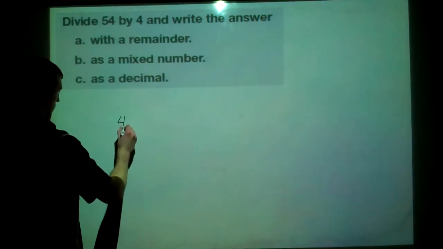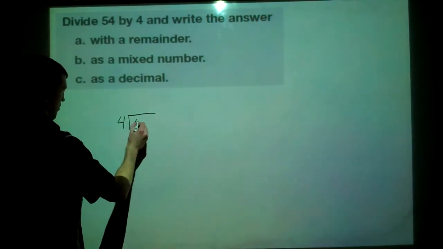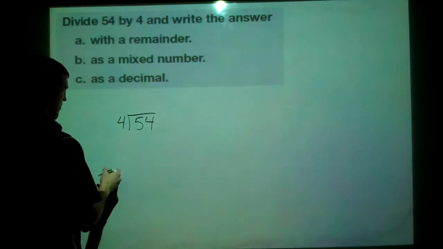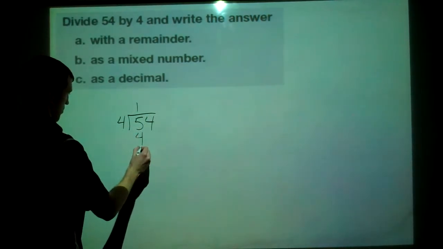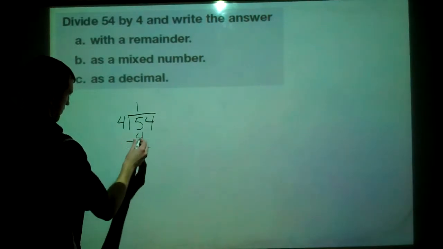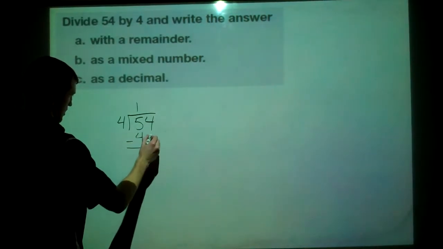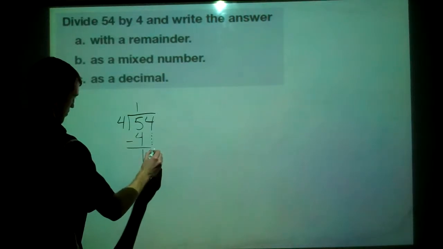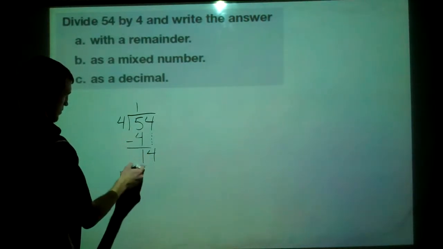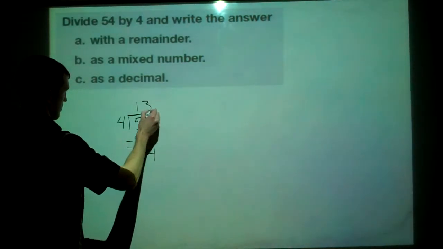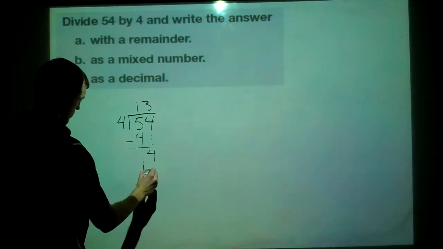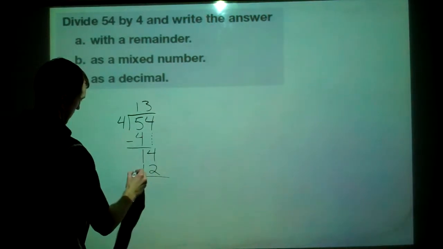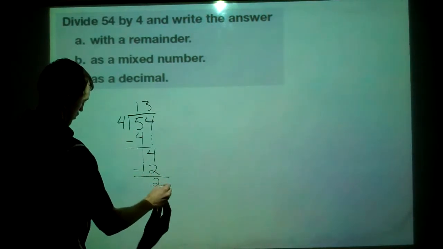We're going to divide 54 into 4 parts. 4 goes into 5 once. 1 times 4 is 4. Subtract, 5 minus 4 is 1. Drop our 4 down, 14. 4 goes into 14 3 times. And 3 times 4 is 12. We subtract here, and we get 2.